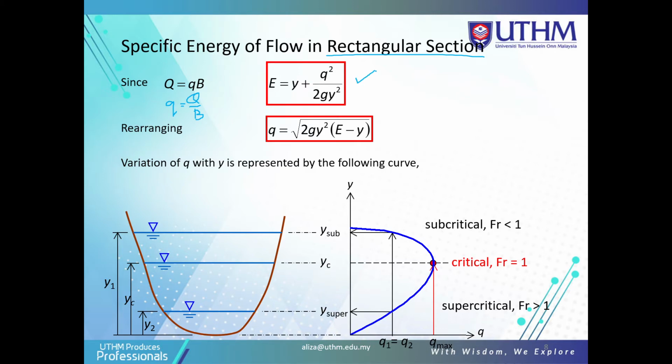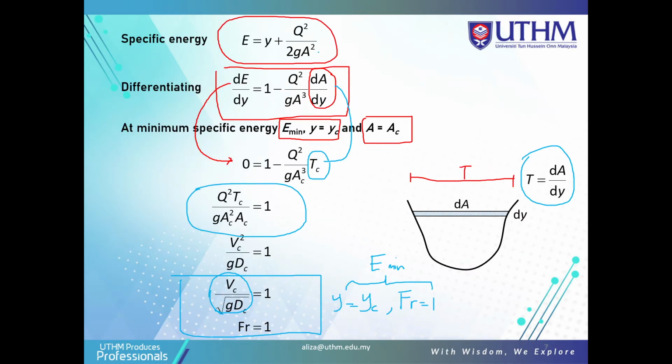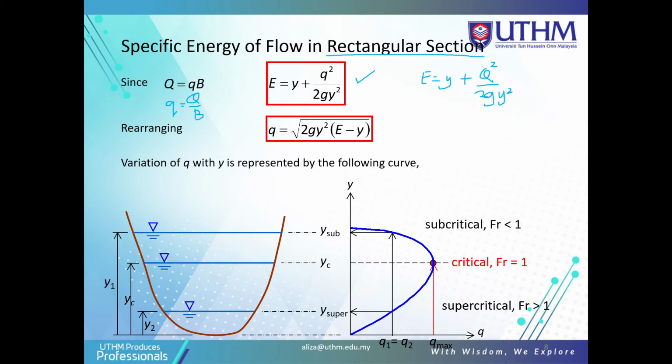For other sections, we can use the previous formula, also E equal to y plus Q squared over 2gA squared, from the previous slide.